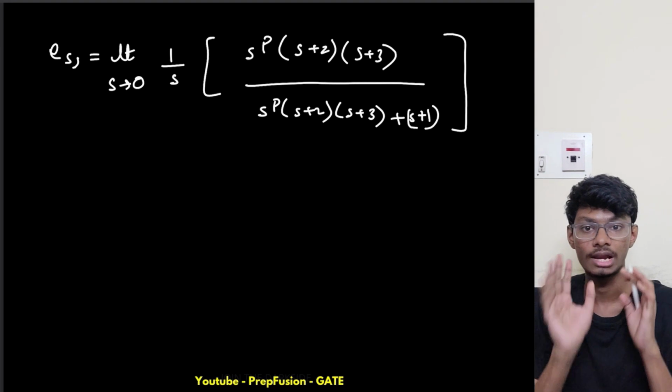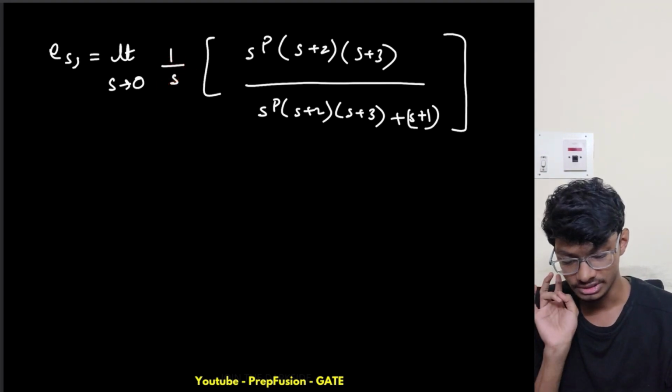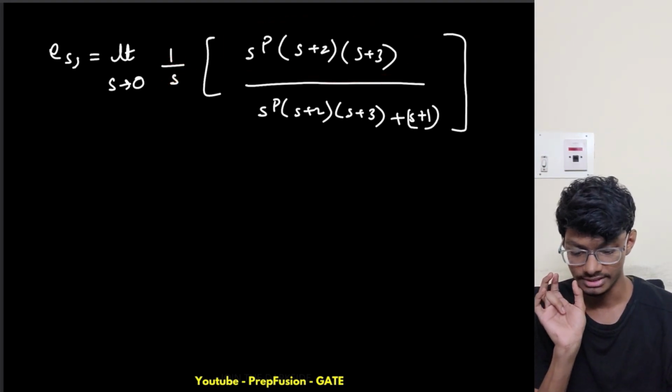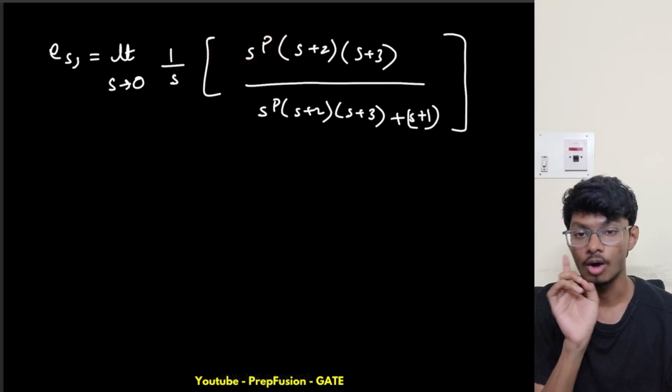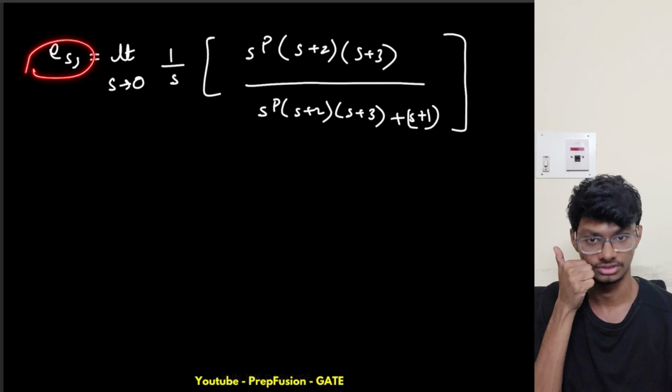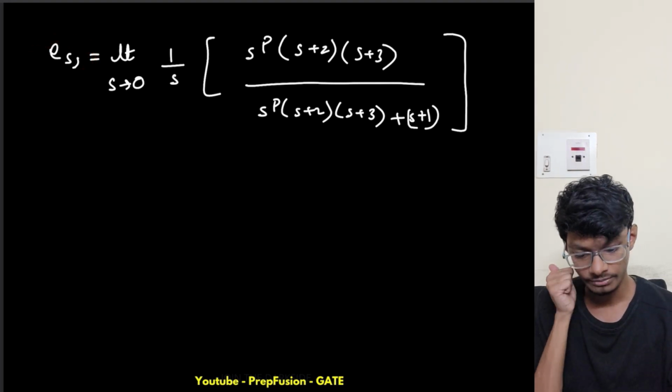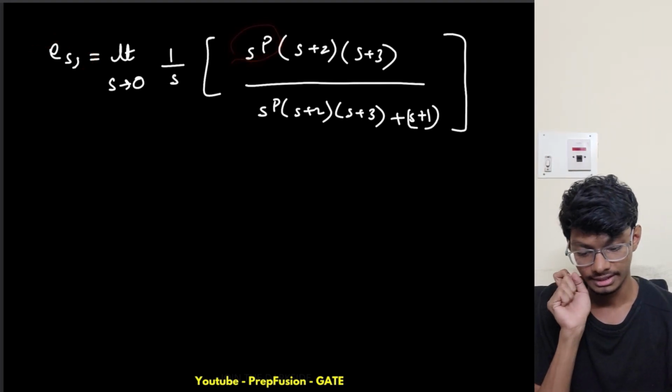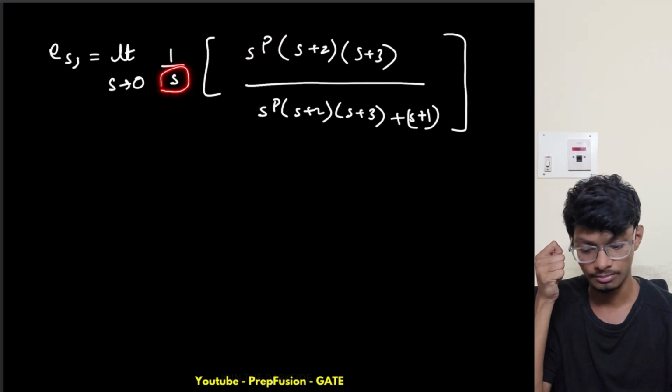Now what will help me cancel this s term? Obviously some s term at the numerator, right? So how many s terms do I need? I want a finite steady-state error, which is equal to 6. So I definitely don't want the power of s to be more than this one.